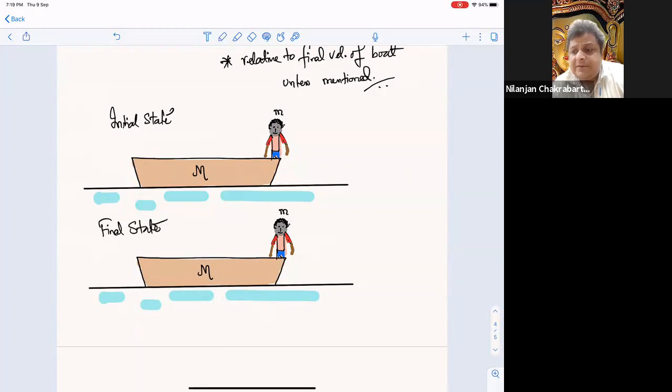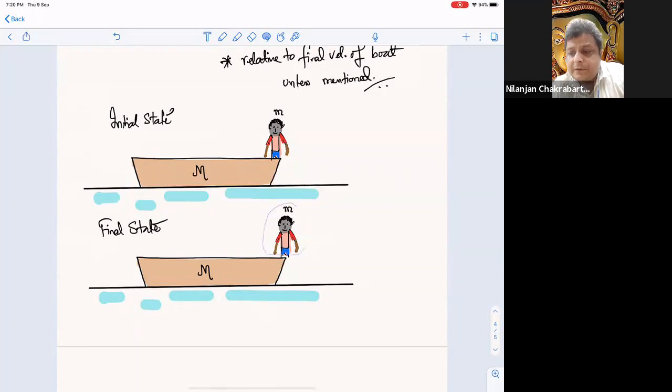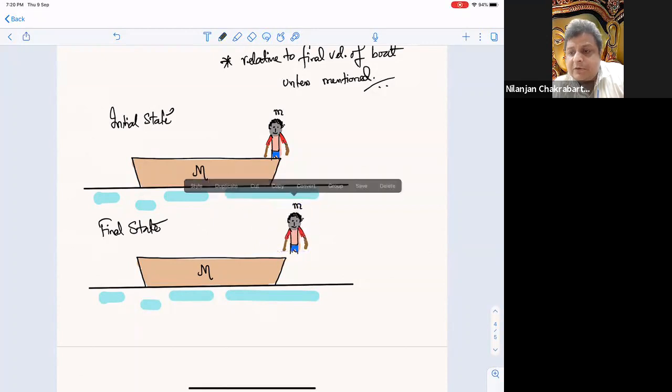In the final state, the person has just started, and just there, jumps off the boat.